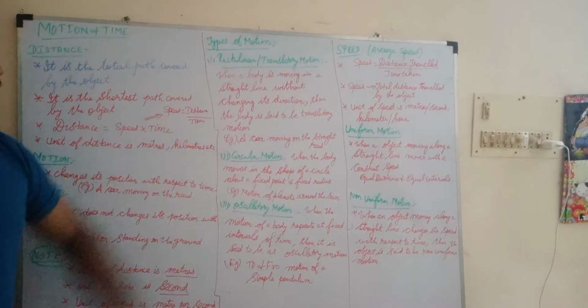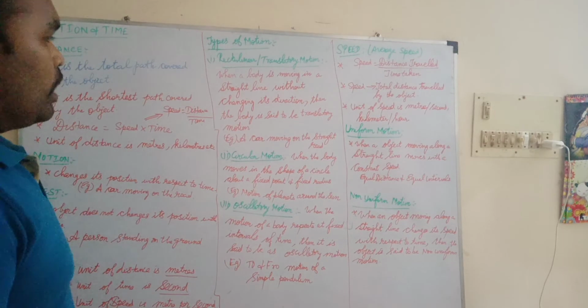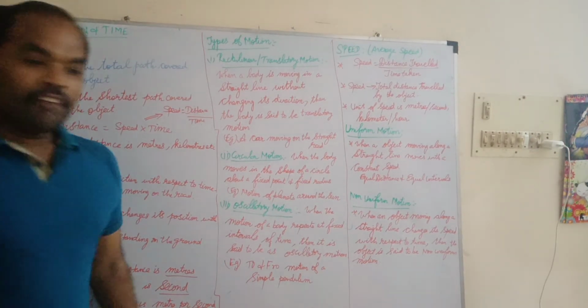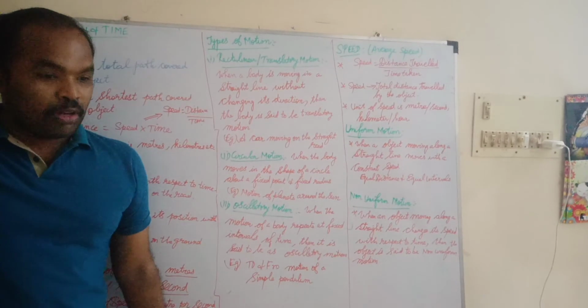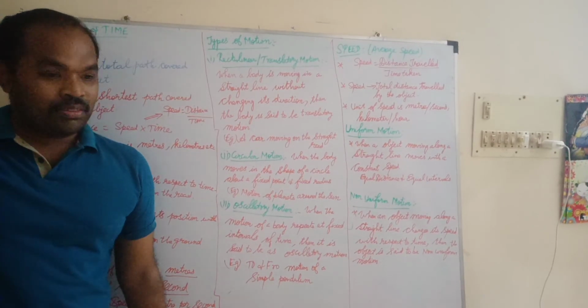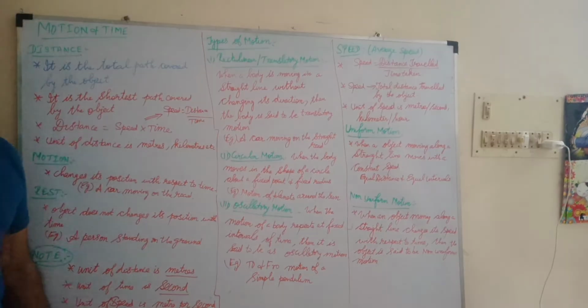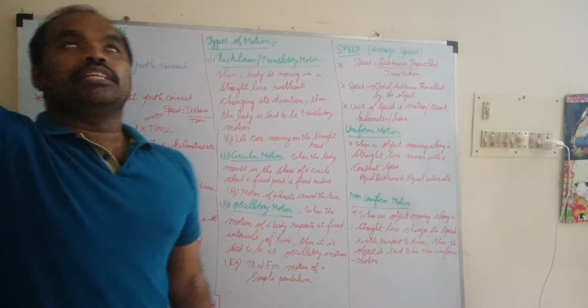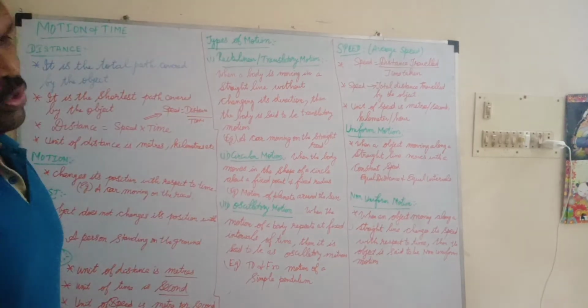The next one, circular motion. What do you mean by circular motion? Circular motion means, for example, the planets: Mercury, Venus, Earth, Mars, Jupiter, Uranus, Saturn. Whatever the planet is moving, that is said to be circular motion.